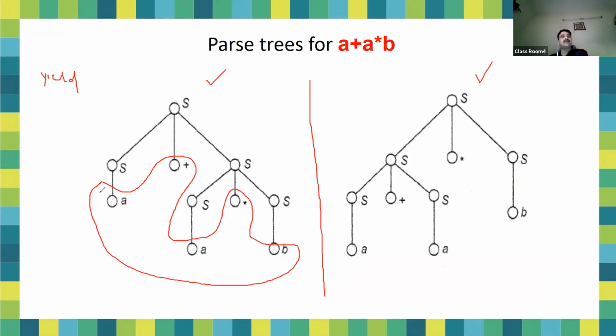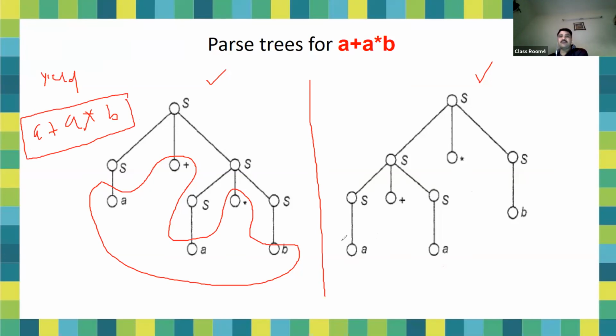Just start from the left node and move towards the right by concatenating all the leaves. So you can find here a plus a asterisk and b. So this is the simple yield or the string received from this parse tree.